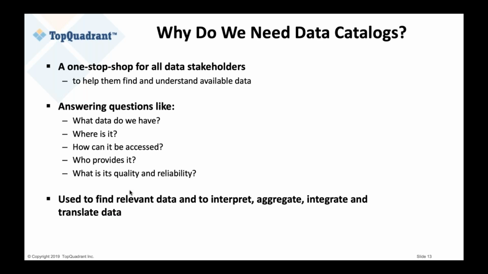A way to shop for data, a way to understand what data is available in an organization, where is it located, how can it be accessed, who is responsible for it, who is publishing this data, who is using this data, and ultimately this is in order to find the data, and also in order to do various things with data, again, such as create reports, or maybe aggregate it, or maybe translate from one data source to another data source. So all of those activities are supported by data catalogs.